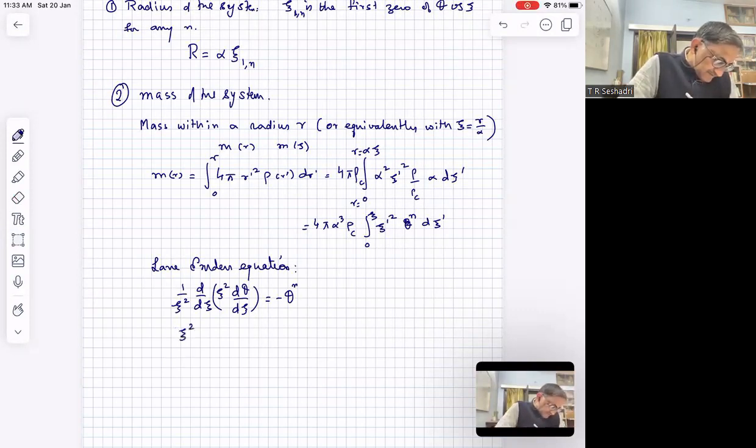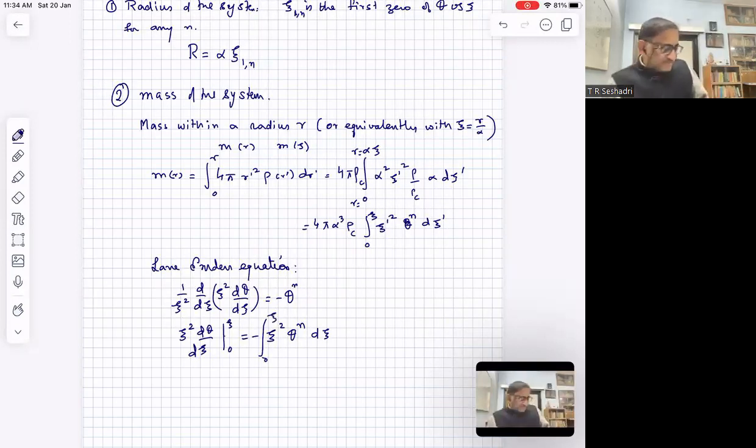I will have xi square d theta by d xi between 0 and xi will be equal to minus integral 0 to xi of xi square theta n d xi.